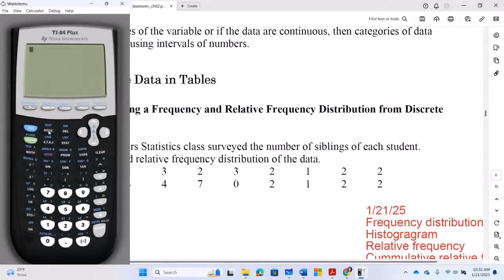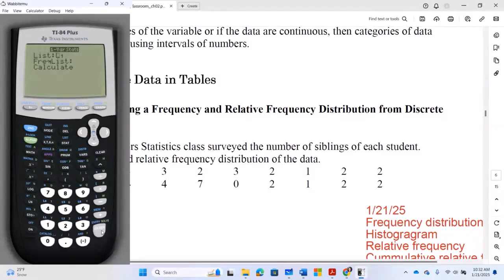Remember, I am told to calculate the mean or decide whether the data is skewed. So I want to calculate the one variable stat so that I can find the mean and the median, find which one is greater, and make a decision from there. So I go to stat, one variable stat, of the data in L1.